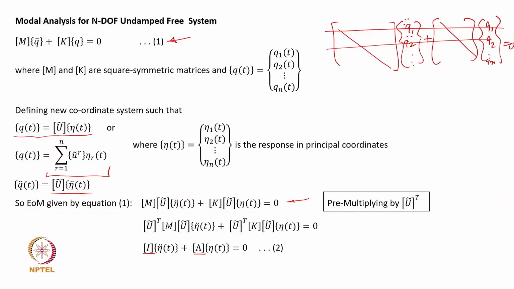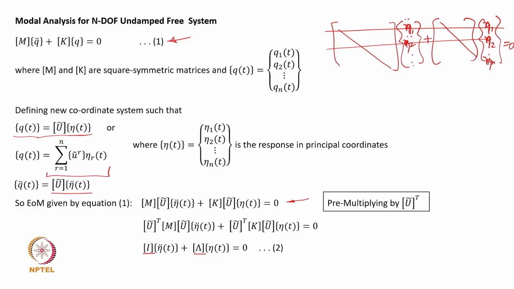Sorry, this should be eta 1 double dot, not q. So, this basically shows that each row of this matrix equation is independent of the other principal coordinates.